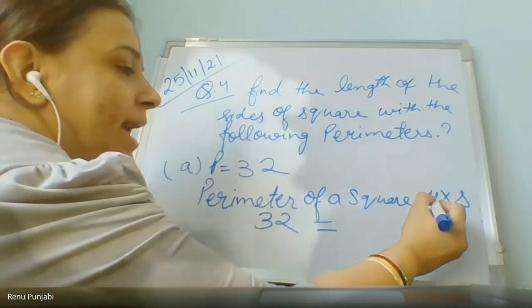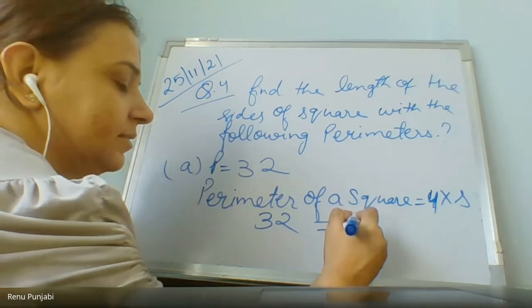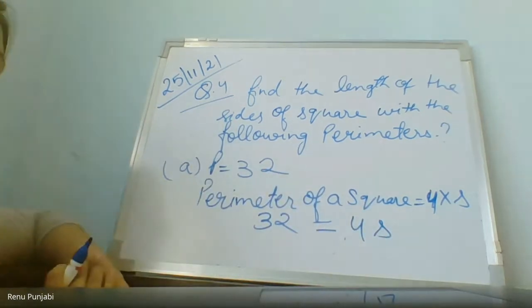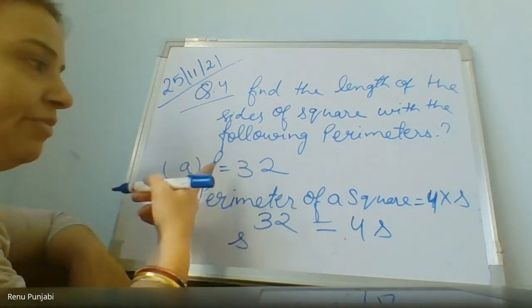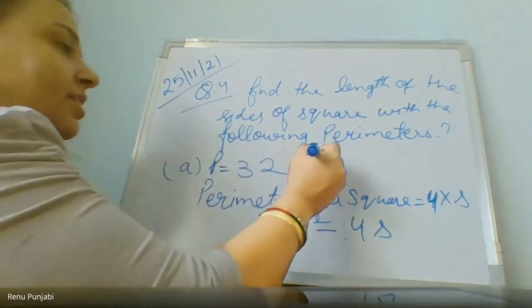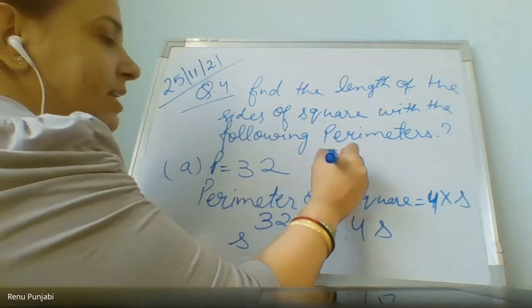So 4 multiplied by s is 4s. Right? So this s, the side, means you are finding the side. Perimeter is given and side is not given.